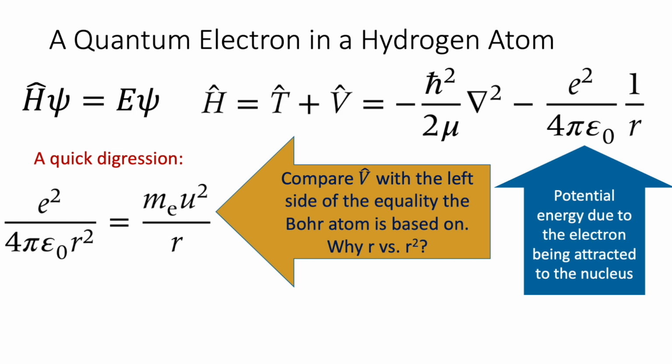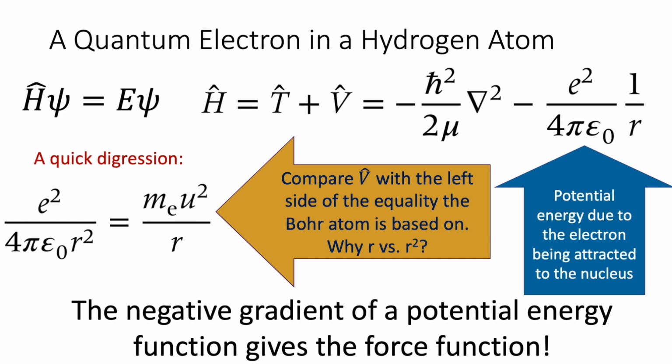Should we be worried about this? What's the deal with that? Well, the important thing to note is that the Hamiltonian is potential energy, and the e squared over 4 pi epsilon naught r squared on the left over there, that's not potential energy, that's a force. And this is actually quite general. So it turns out that there is a type of field, we call it a conservative field.